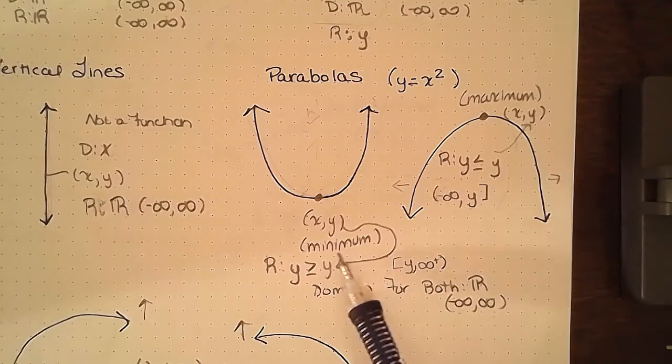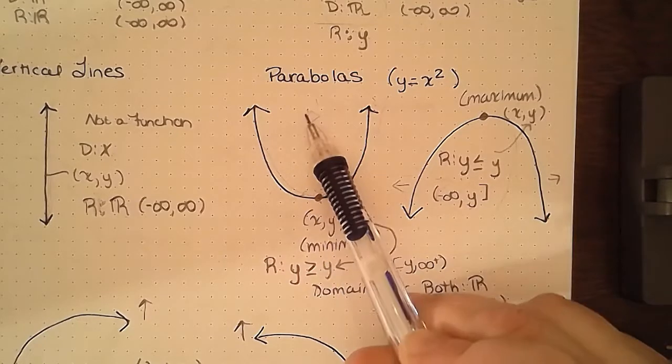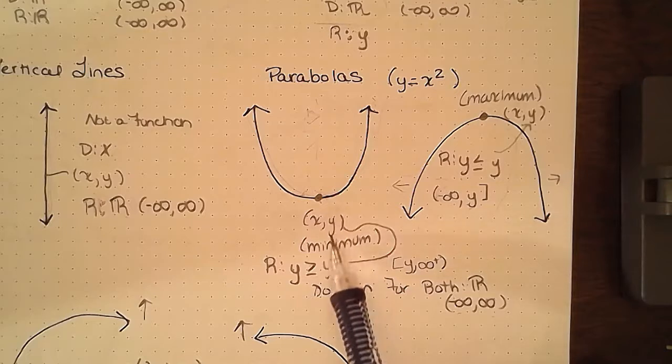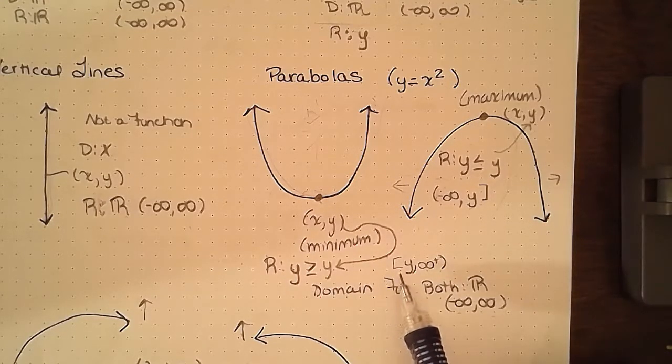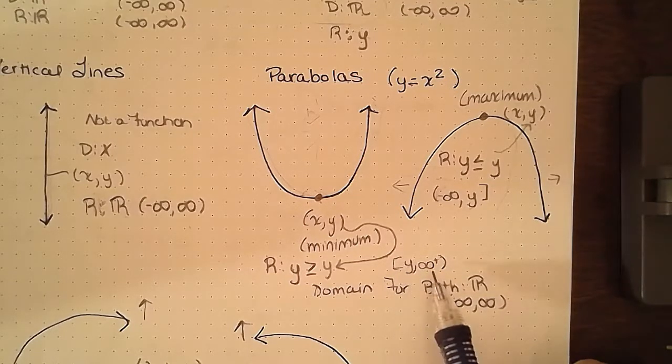Now, if it's pointing up, that means it has a minimum point and no maximum. So the y values are y is greater than or equal to whatever this minimum value is. The way that we would say this in set builder notation is it would start at this minimum value and go up to positive infinity.